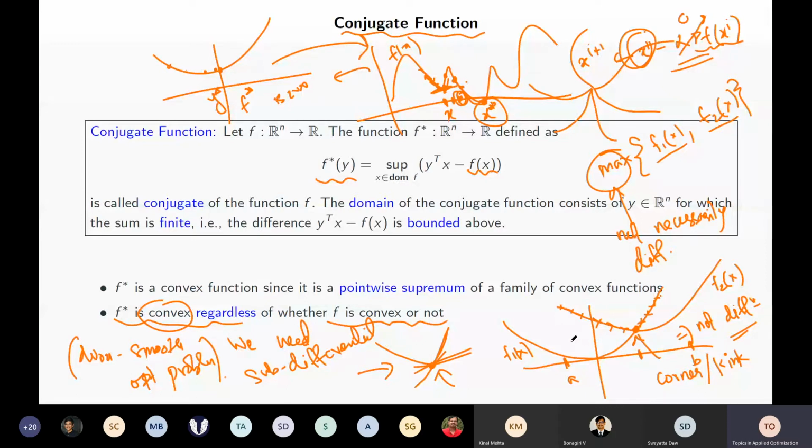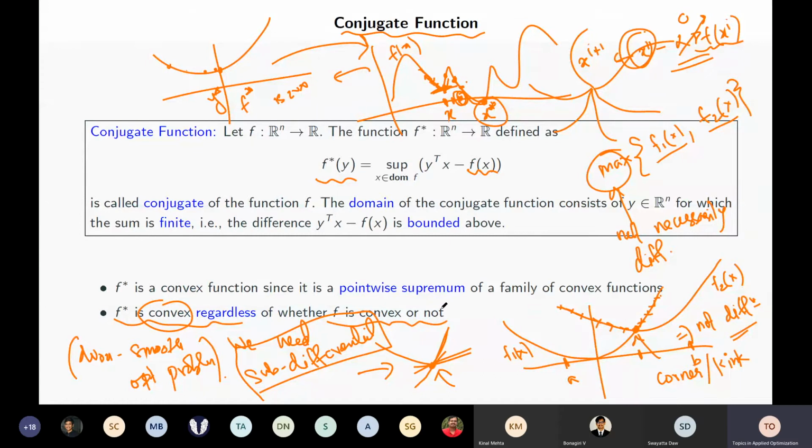I have already pointed out in advance the issues one may face, but not everything is lost here, because there is a concept of sub-differentiability. So even if I go to the dual, convexity is guaranteed. Differentiability is not guaranteed, but I can work around it with a tool called sub-differentiability, and then I can still do something like gradient descent, which is provably convergent. We will see some proofs later on.